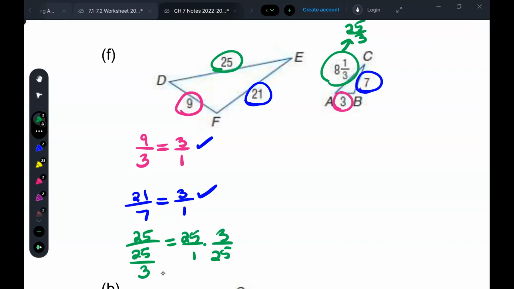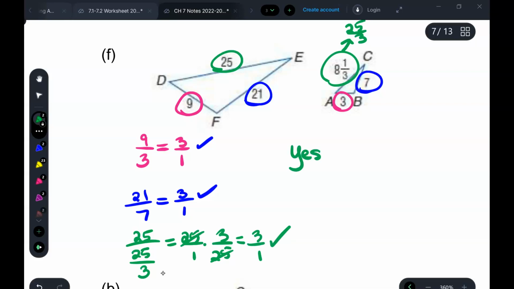Remember that trick of multiplying by the reciprocal? So the 25 just cancel? Yeah. So I just get 3 over 1. Check. We got all 3 pairs of sides, so we're going to say yes. Side, side, side similarity.